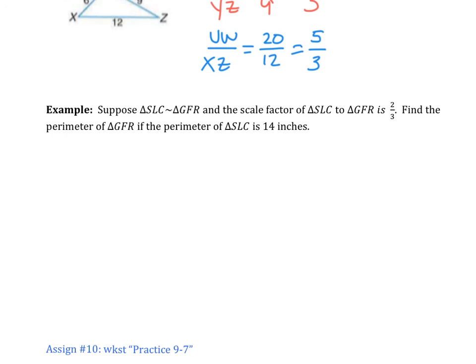All right, and the last example here, suppose that triangle SLC is similar to triangle GFR, and the scale factor of SLC to GFR is 2/3. So I'm going to write a proportion here.